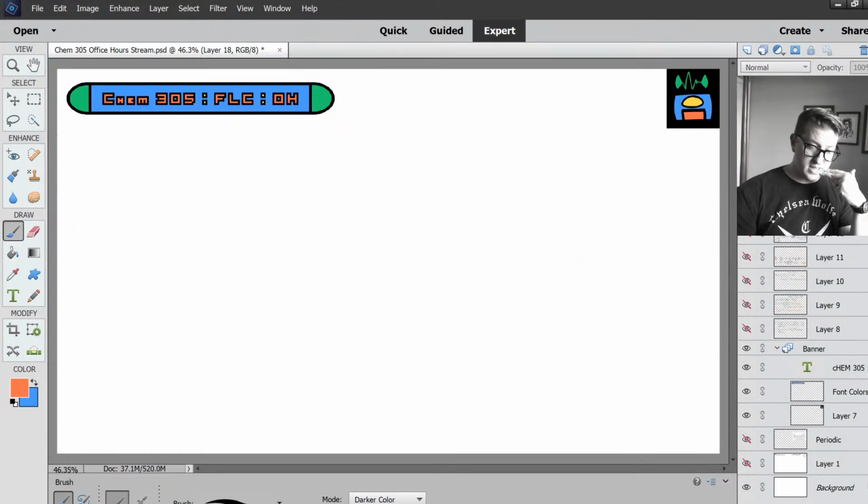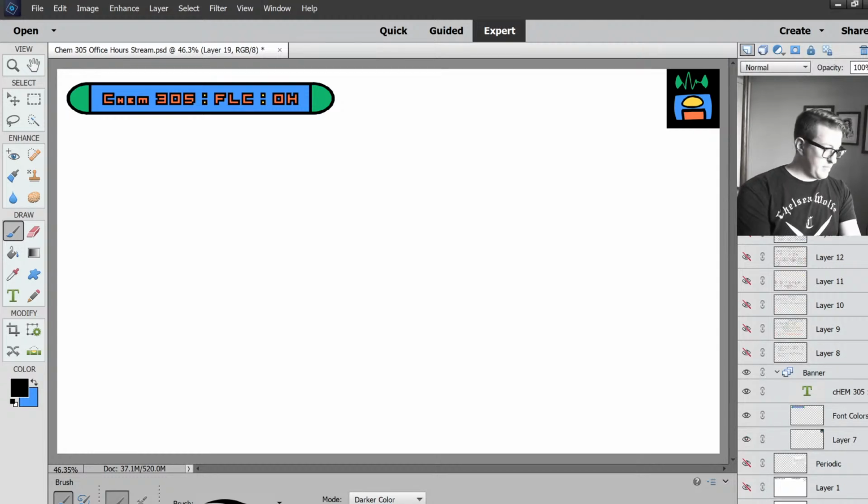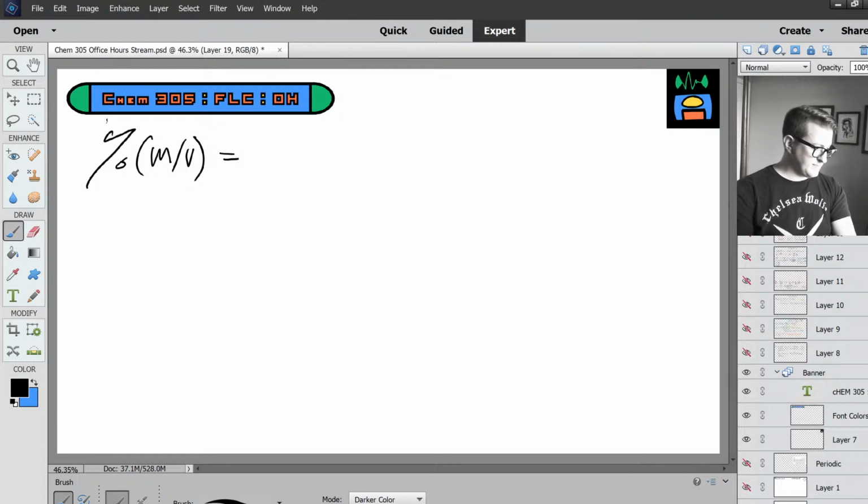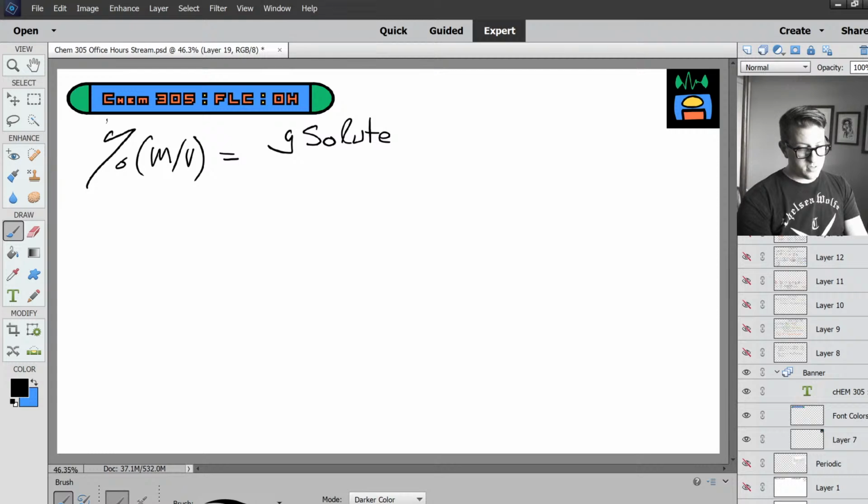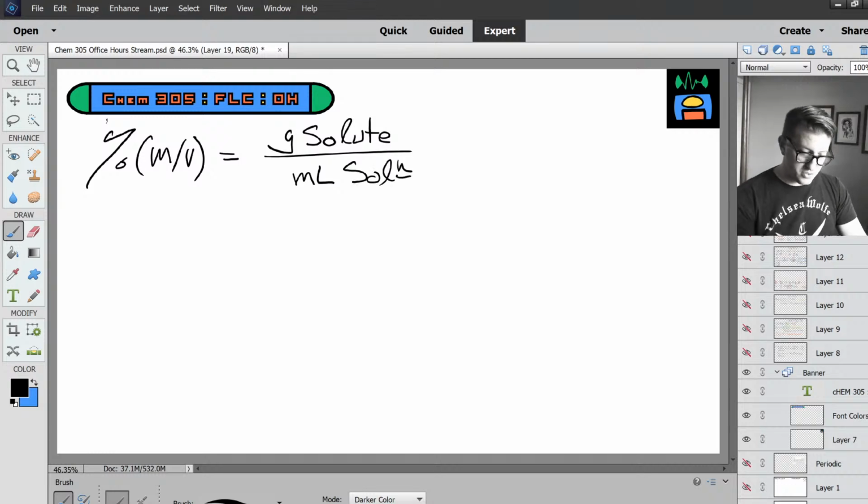All right, now that's step number one. Now we have to calculate the percent mass to volume. Now percent mass to volume is grams of solute over milliliters of solution times 100.